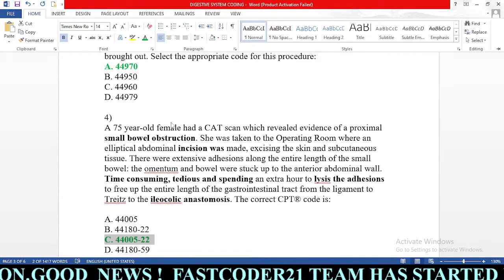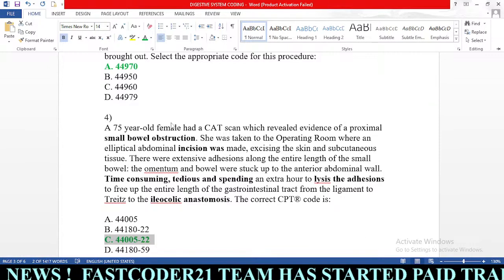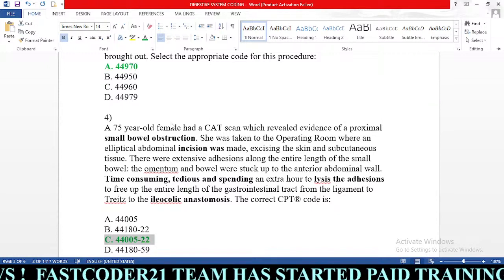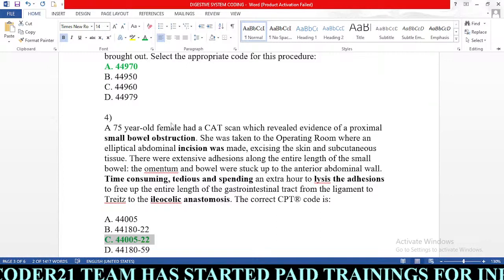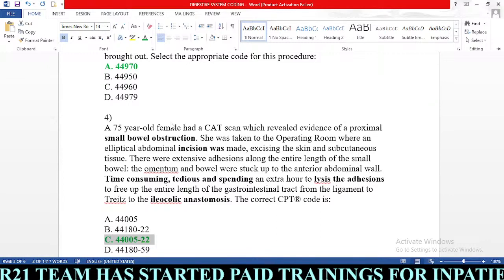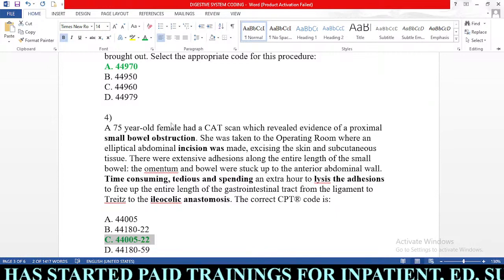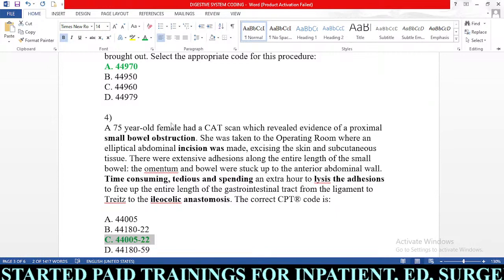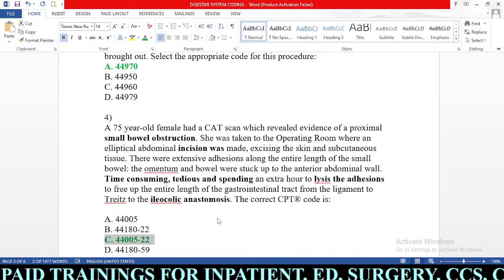So you just need to find the keywords: time consuming, tedious, and spending an extra hour. And sometimes you may find extensive also, like the physician will mention extensive lysis of adhesions. So if you see extensive also, you need to code 22 modifier. But basically, when do you code lysis of adhesions?